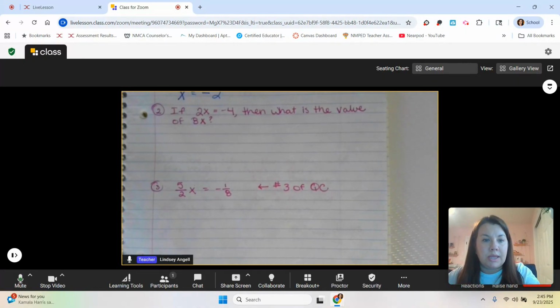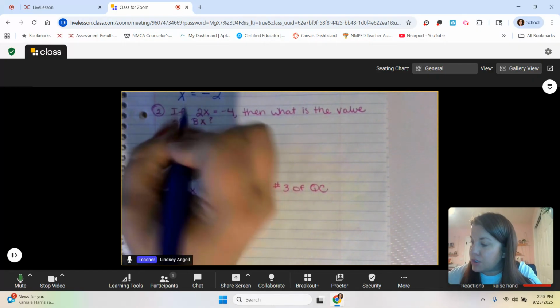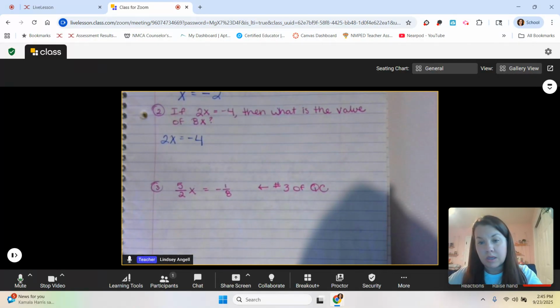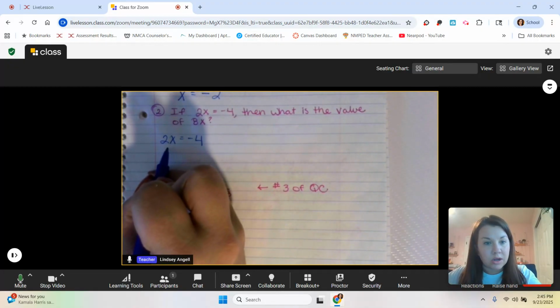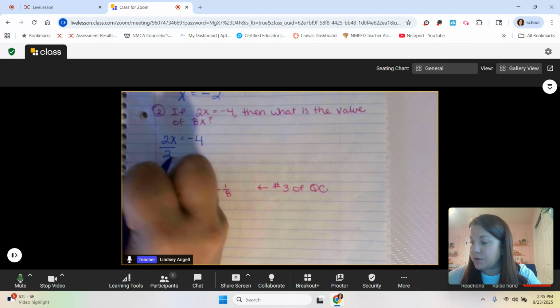So hopefully that helps. Number 2, if 2x equals -4, then what is the value of 8x? So there's two different things going on here, and that's one reason why I chose this problem. So first off, let's take the equation we're given, 2x equals -4. Well, to solve for x, I am currently multiplying by 2, so to get rid of it, I'm going to divide by 2.